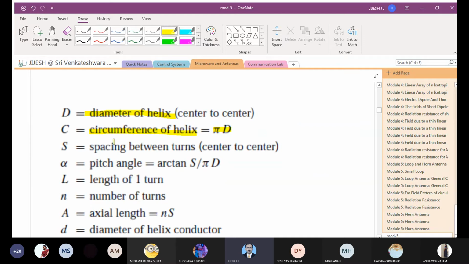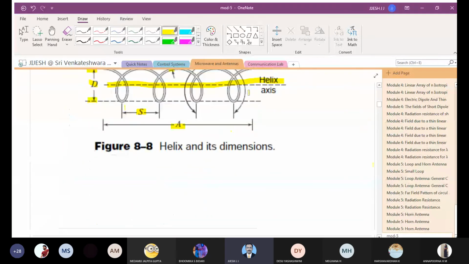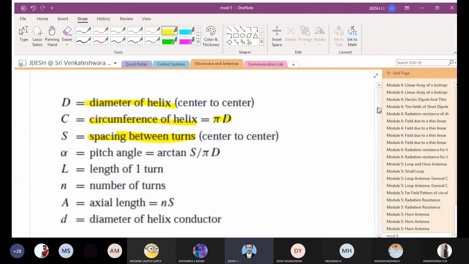So from one turn to another turn, what is the spacing? That is S here, the spacing between the turns. And you have L. So L is the length of one turn.